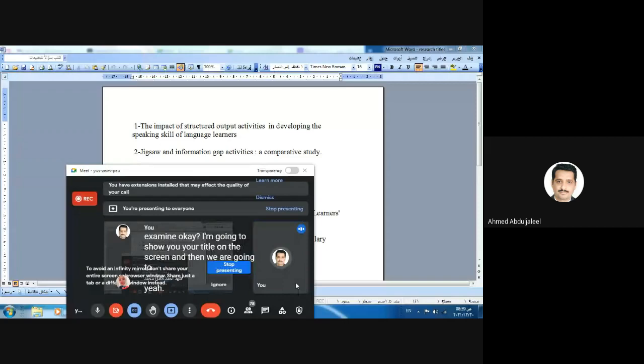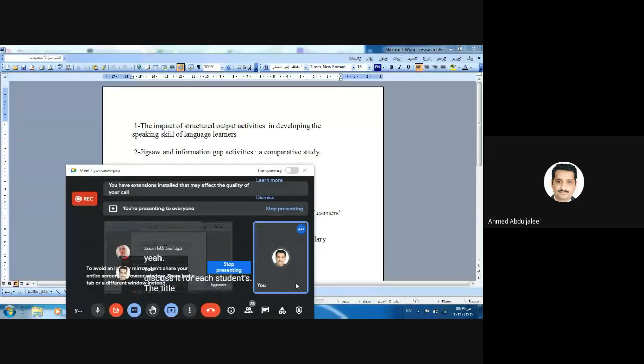For each student, the title will be on screen. We are going to read it together. I'm going to read it with the student, and the student will explain orally what is required, what is the aim, if there is a practical part, if there is a hypothesis. So this will be explained orally without writing these things earlier in the assignment.